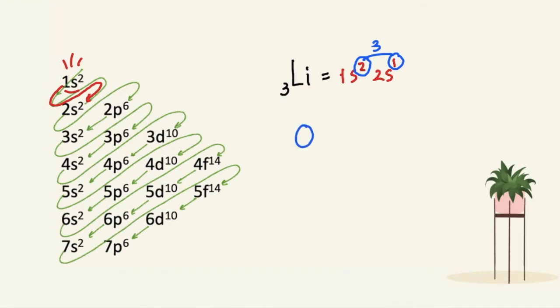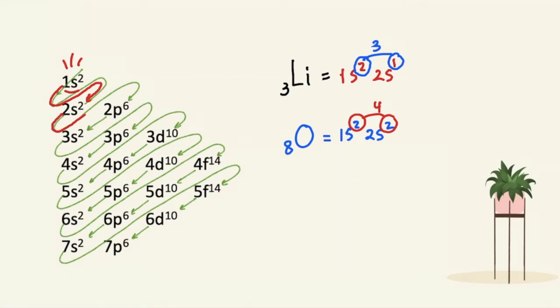Next, oxygen with 8 electrons. Again, we start from 1s2 and 2s2, and we still have 4 electrons remaining, so we go to the next.